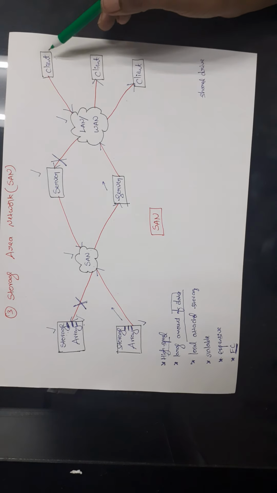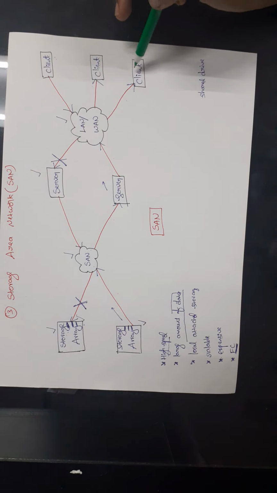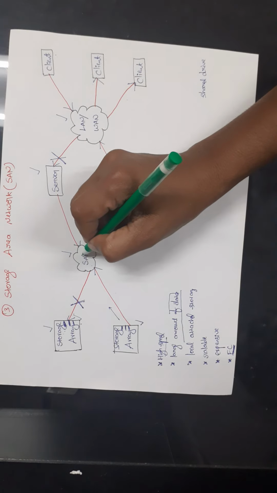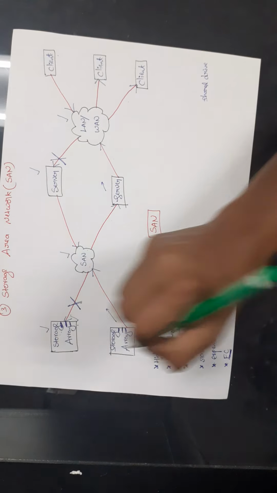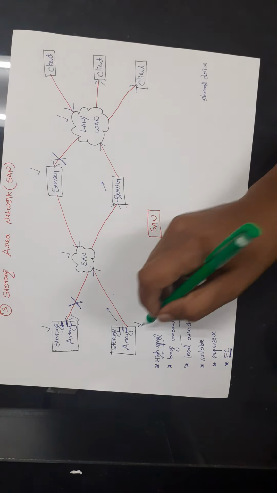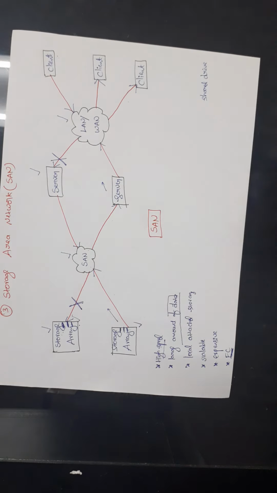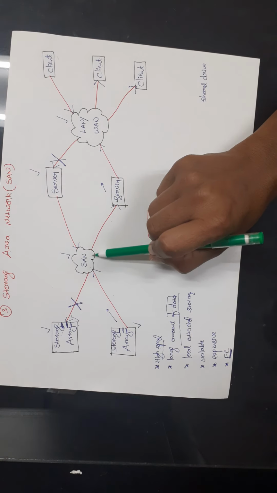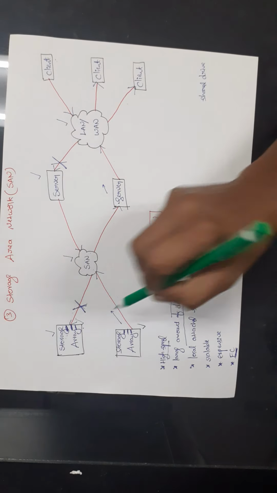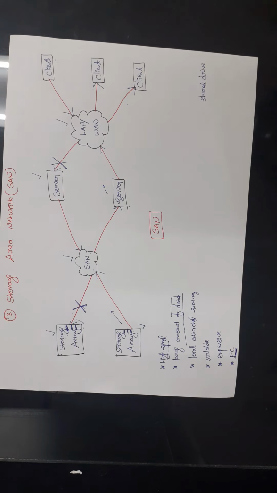Now client 1, 2, 3 have stored their data in the storage array. Once there is a power failure, they can access their data from another storage array, because the storage area network maintains a copy of the data. So even if there is a power failure, they can access their data successfully.